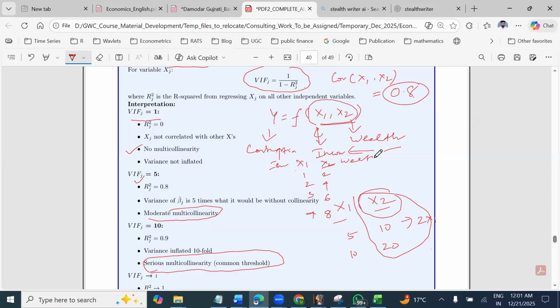There is a linear relationship, perfect, because my wealth is 2 times my x1. 2 into 1, 2 into 2, so your x2 is equal to 2x1. This we call a linear relationship, perfectly correlated.